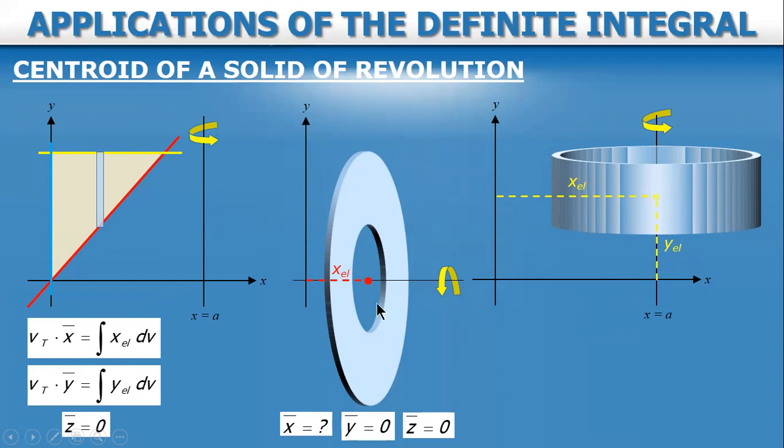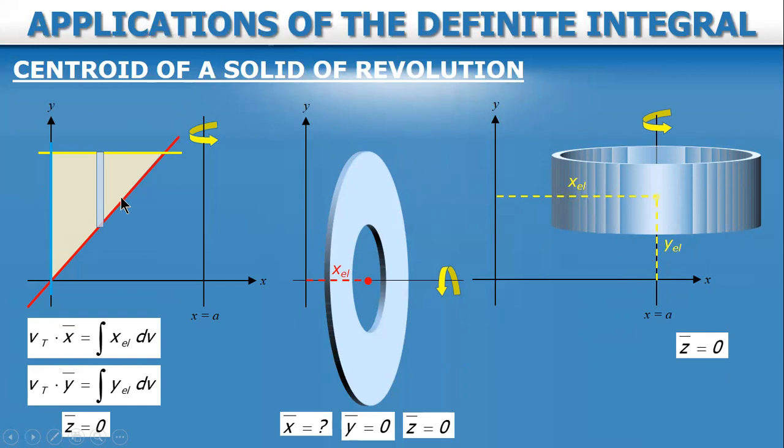I did not put y sub EL because, as we can see, y sub EL is 0. Now, it's obvious that x sub EL will always be equal to a.